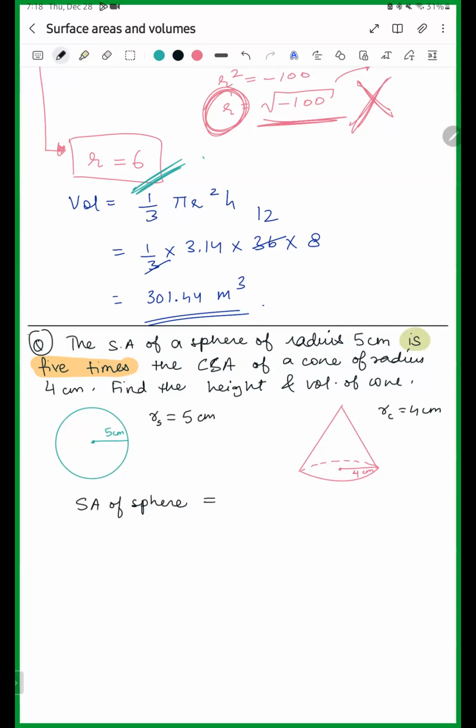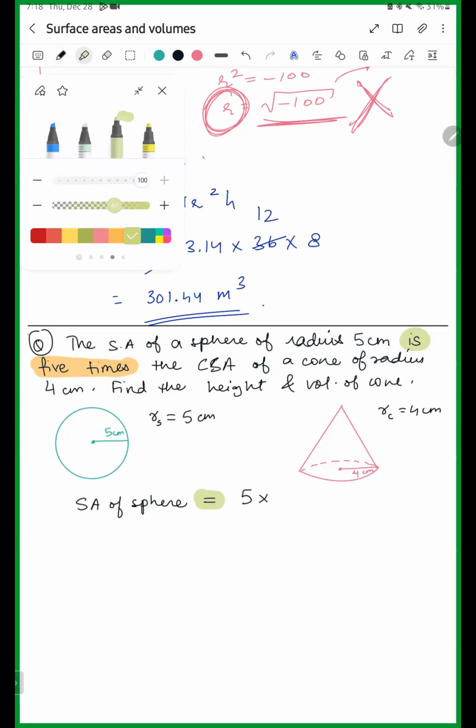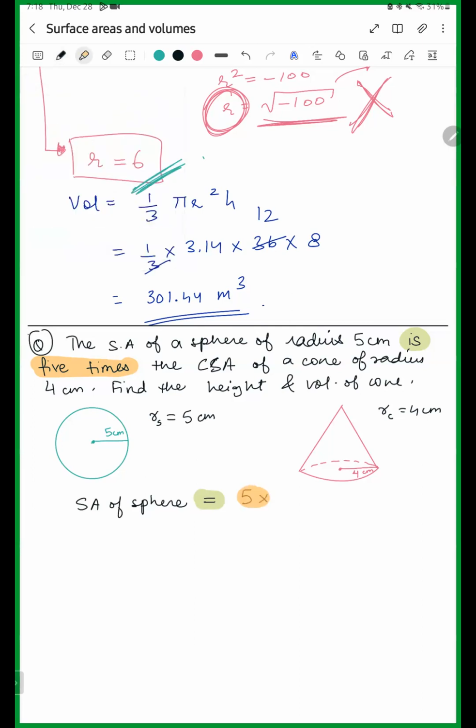So surface area of sphere is 5 times, meaning 5 multiplied by the curved surface area of a cone. So this is the mathematical statement that we have got, that surface area of sphere is equal to 5 multiplied by curved surface area of cone.